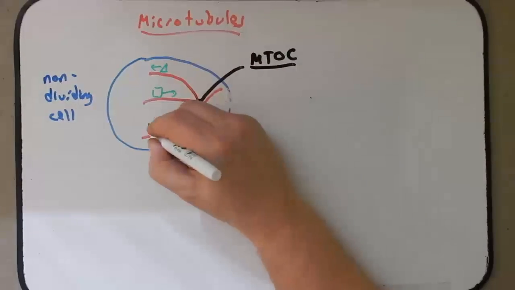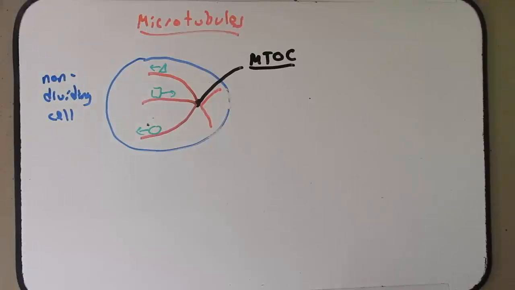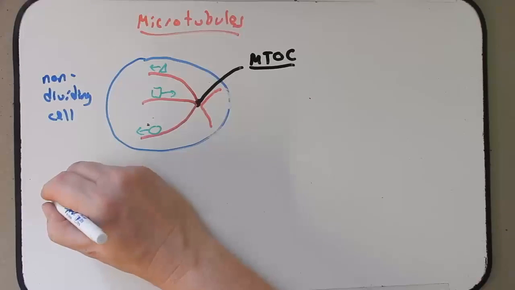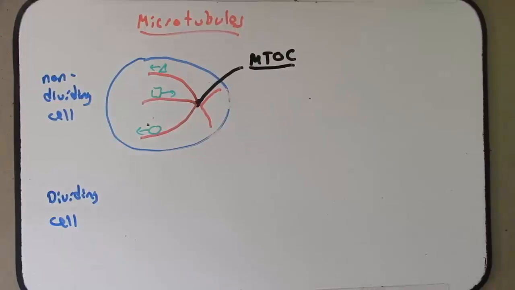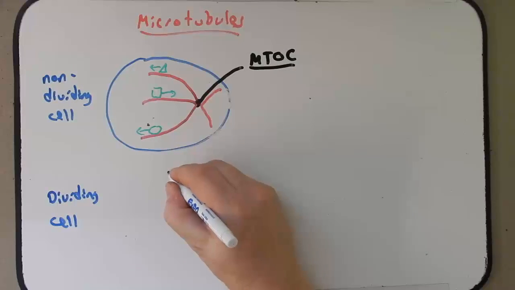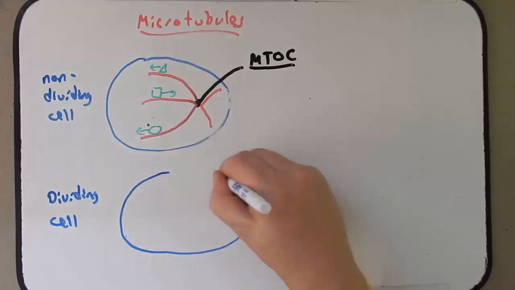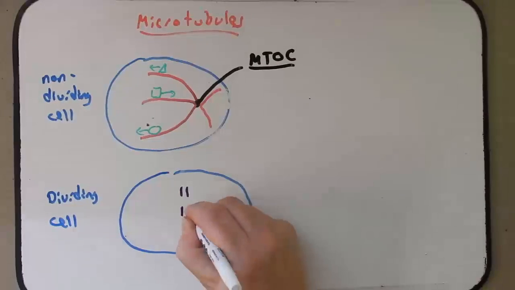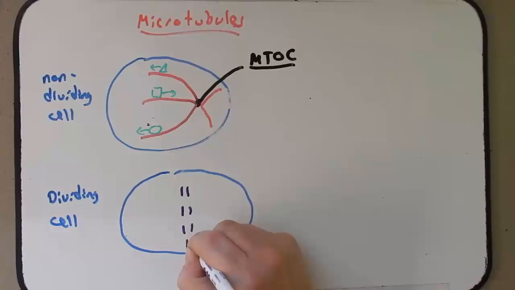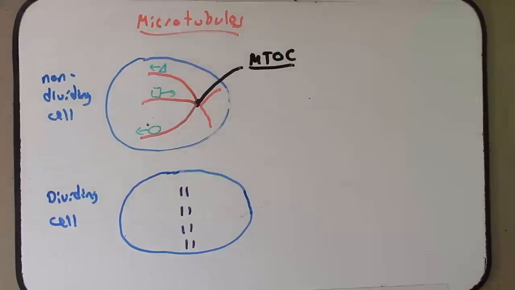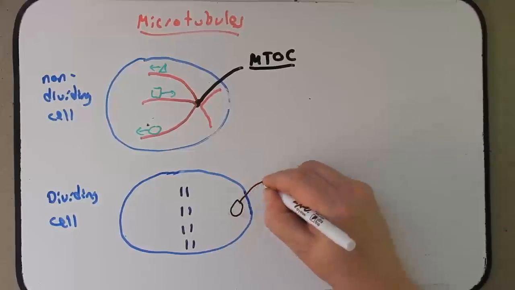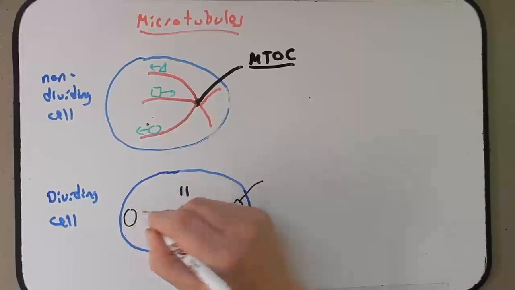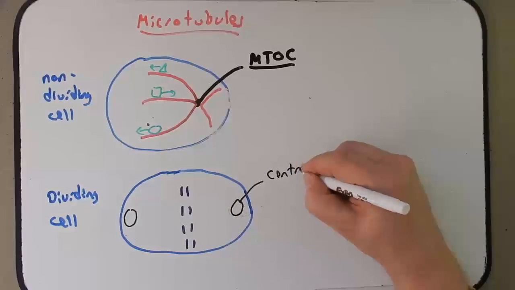And they may attach to various organelles, not always the same organelle, but different organelles, and help move the organelles in various directions. Next, I want to talk about what microtubules are doing in a dividing cell. We haven't talked about mitosis yet, but you may recall from a high school biology class how chromosomes are lined up along the middle of the cell. Now you may also remember that there were these two structures on either side of the cell called centrosomes.